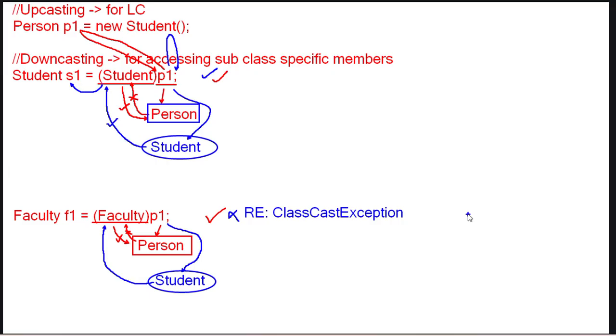Then next point. Then the compiler verifies, or applies, an IS-A test. The IS-A test is between the reference variable type and the cast operator type.